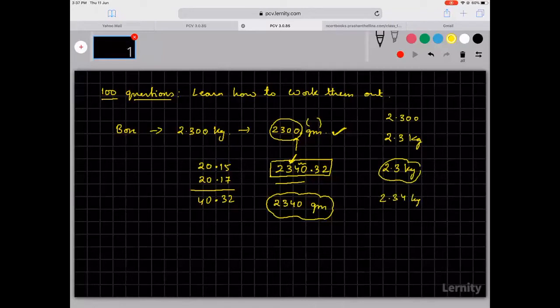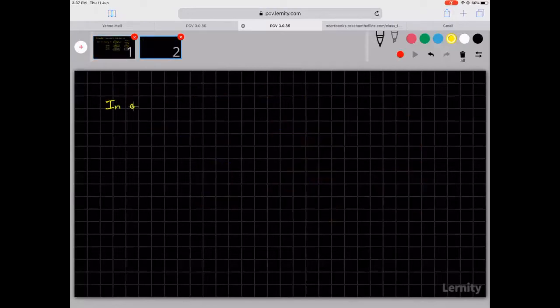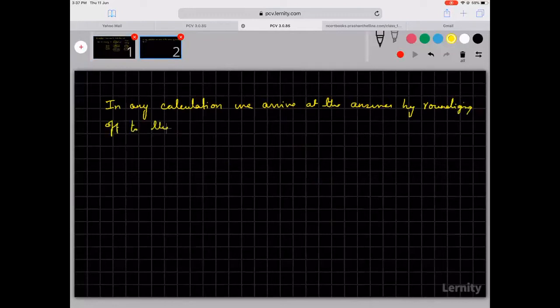Okay, so this is what I was trying to tell you yesterday. If I put it in words, we'll write down that in any calculation, we arrive at the answer by rounding off to the least precise data.